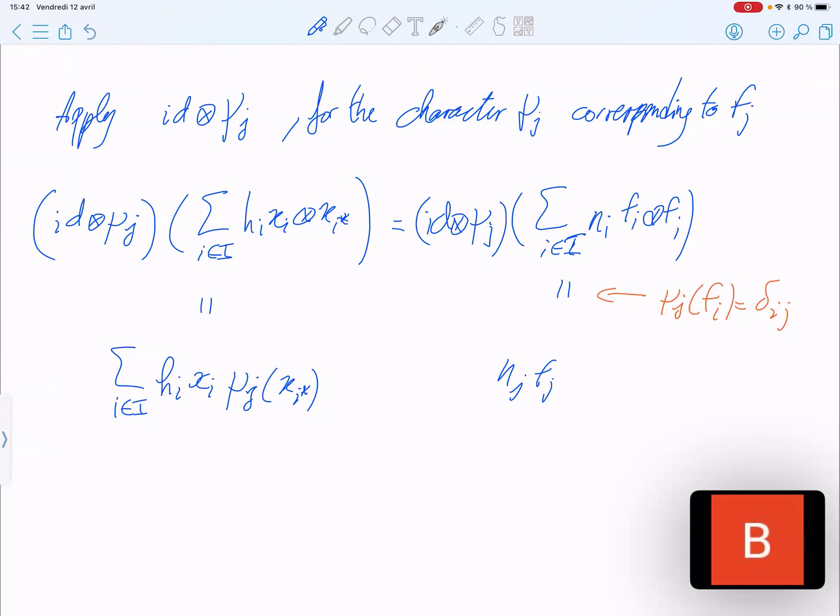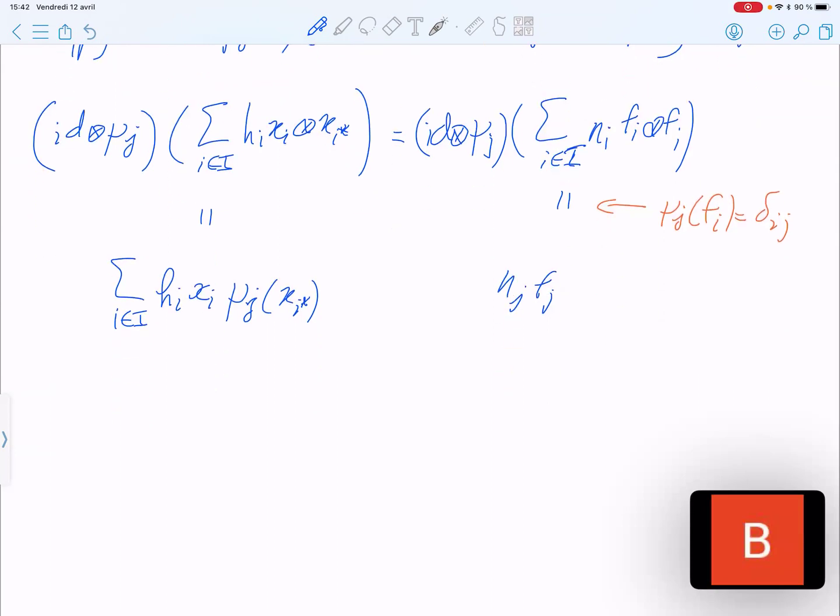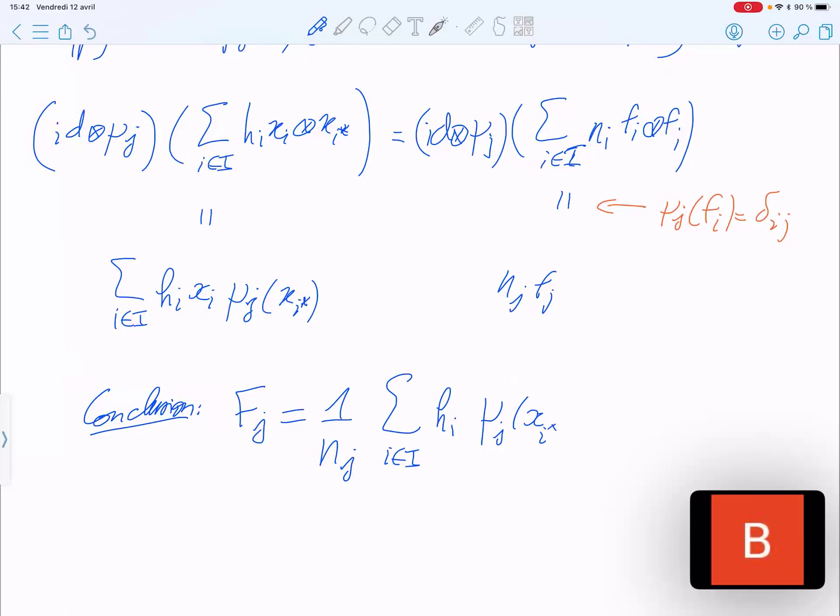So, conclusion: f_g is equal to 1 over n_g, sum for i in I, h_i mu_j(xi) star xi.